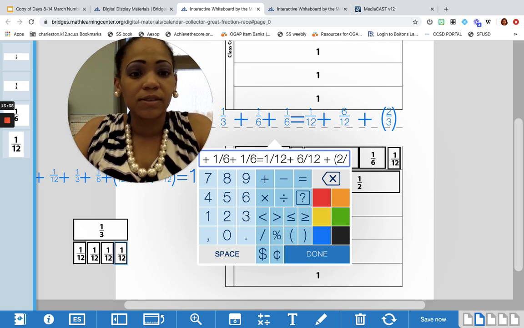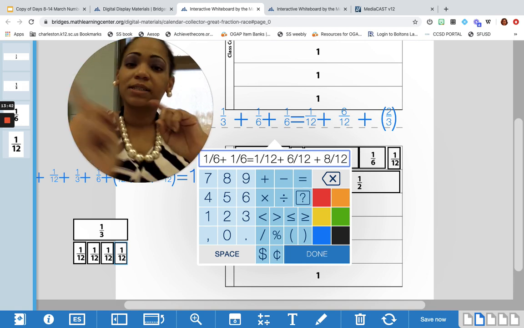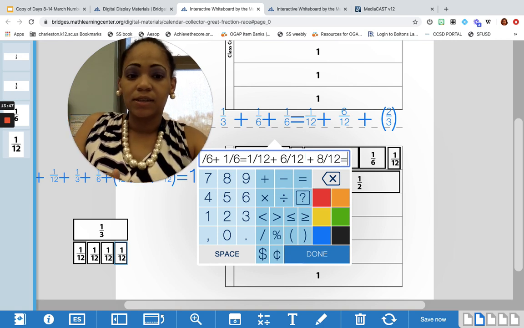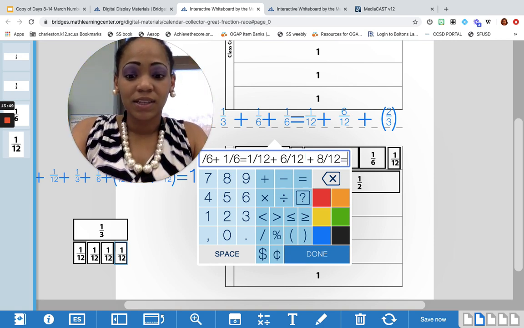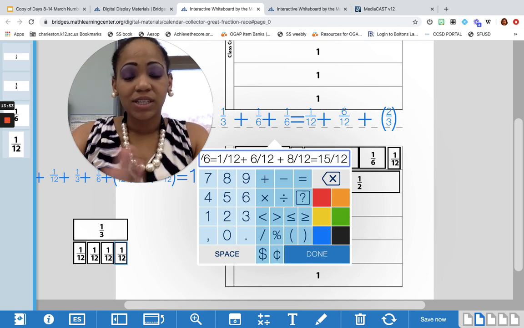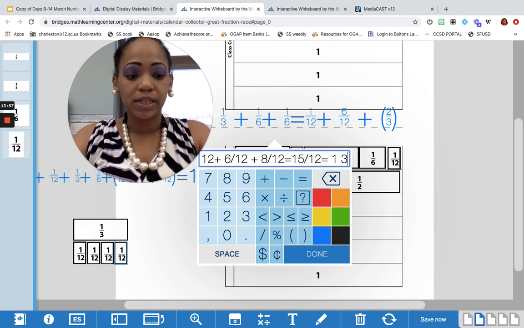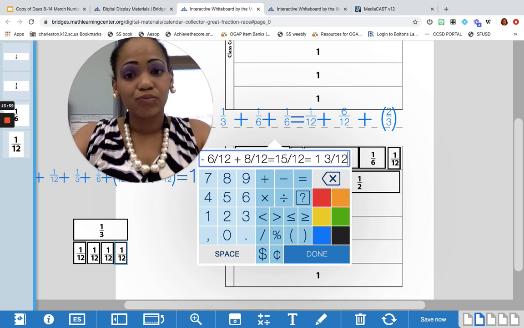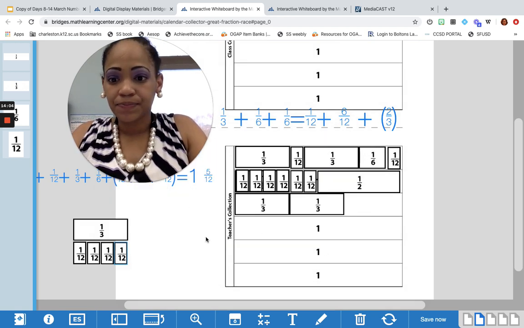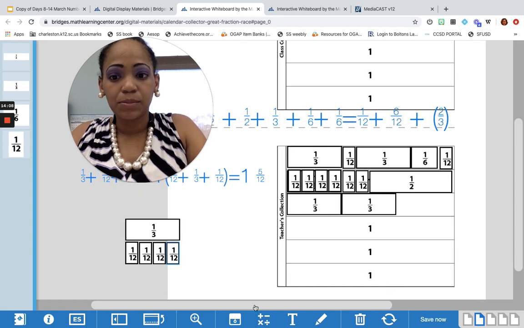I'll write 8/12. So now how many 12ths do we have? We have 1/12 plus 6/12, 7/12 plus 8/12 equals 15/12. So today I was able to add 1 whole and 3/12. Okay, that's what Ms. Trammell added for today. And where did my equation go? It disappeared.